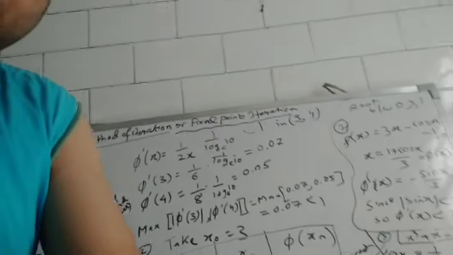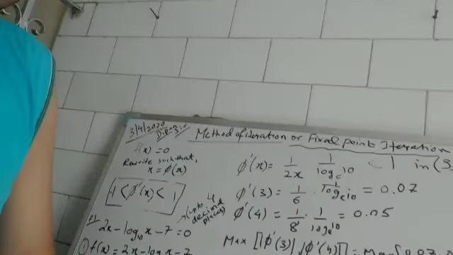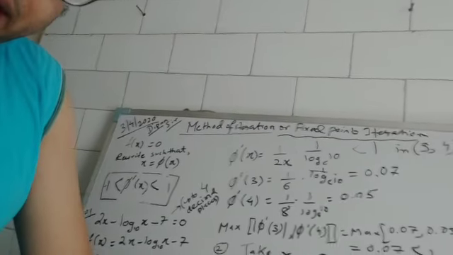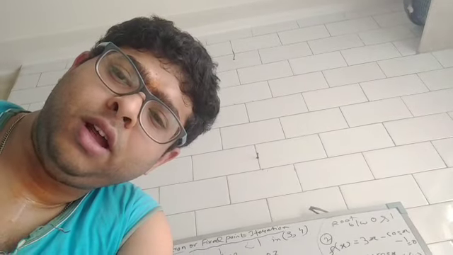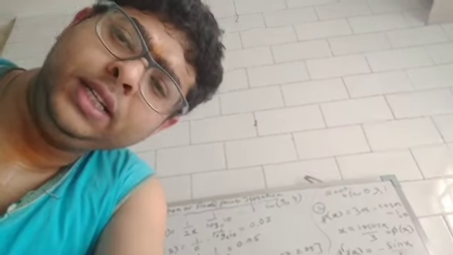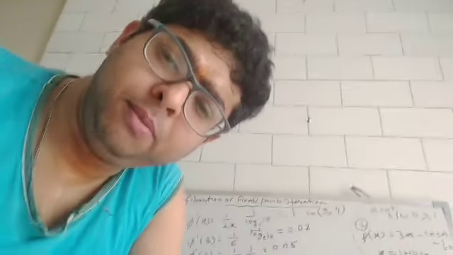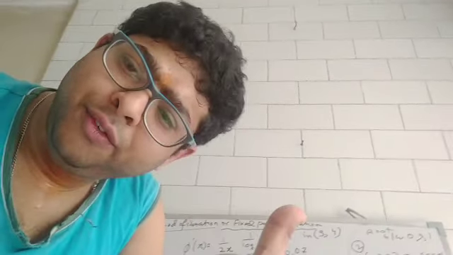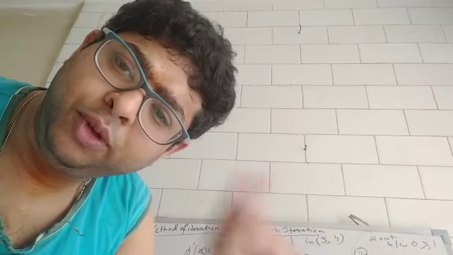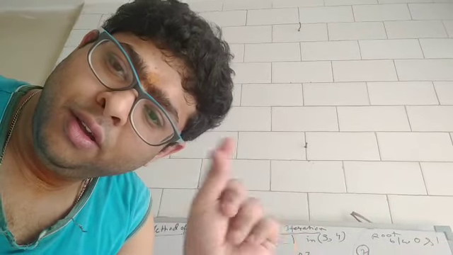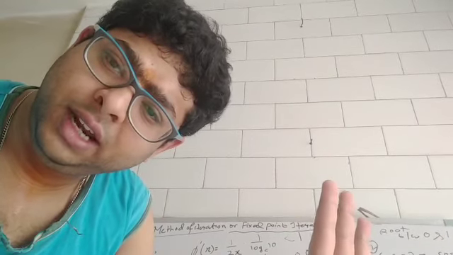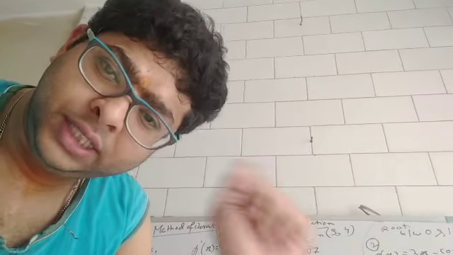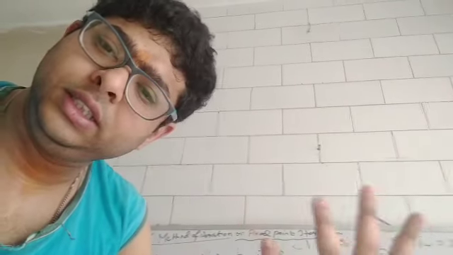Fine. So another thing, this is your method of iteration. While discussing the regula falsi method, I told you about the secant method, right? What is the difference between the secant and regula falsi methods? In the regula falsi method, in each step we calculate the function value f(xn) and check the sign, whether it is greater than 0 or less than 0.